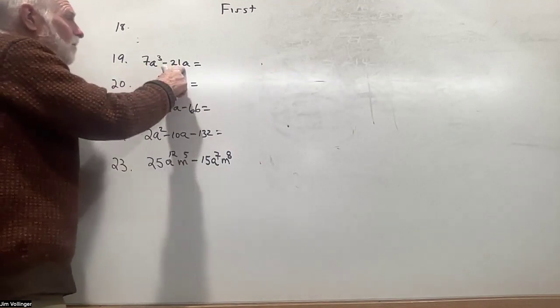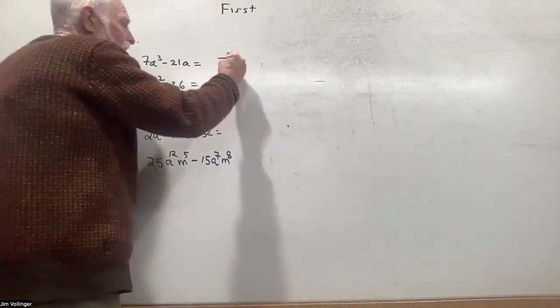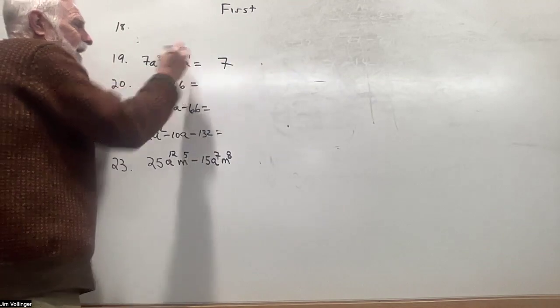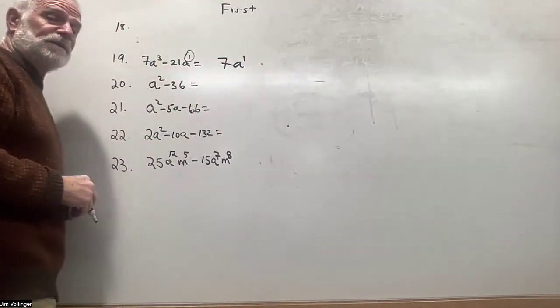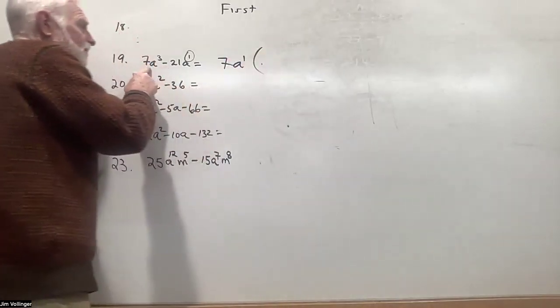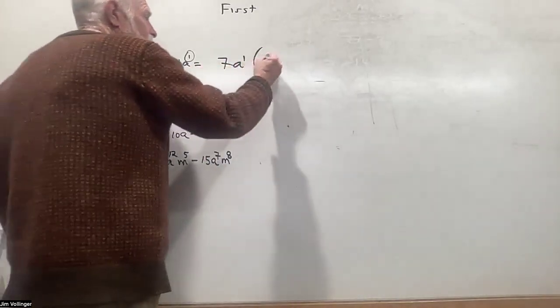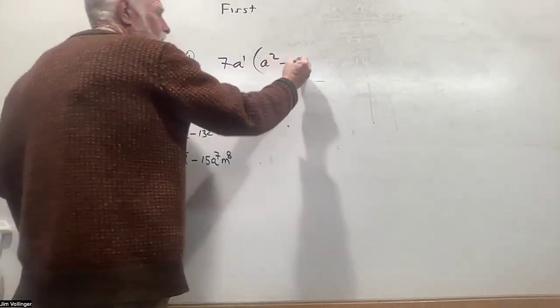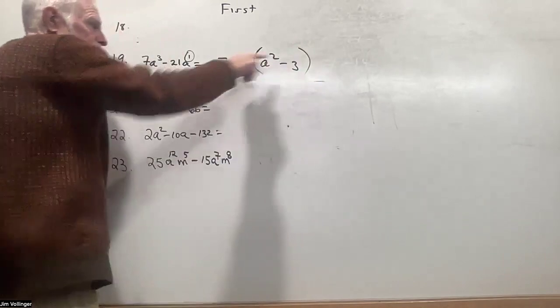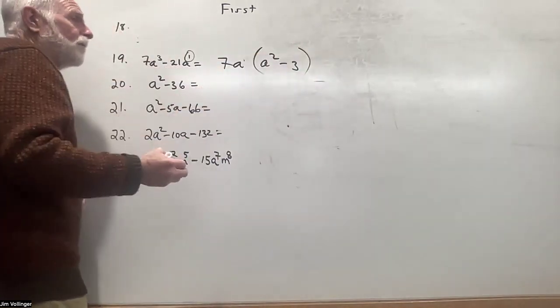And what's common? Well, I see 21 and 7 have 7 in common, and a to the 3 and a to the 1 have a to the 1 in common, and that's the smaller exponent. So what do I multiply 7a by to get 7a cubed? I need a squared, and I also need a minus 3 over here. And if you multiply those things, all right, now this could be factored further.